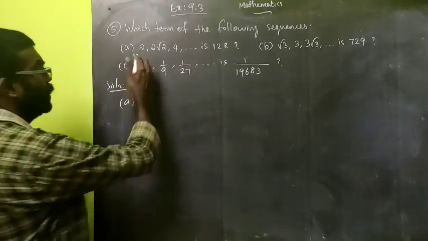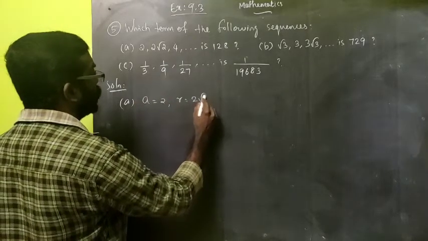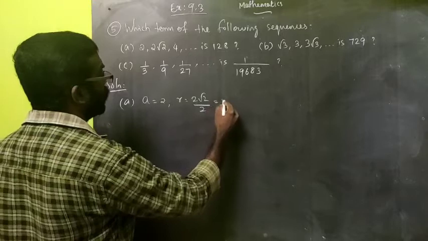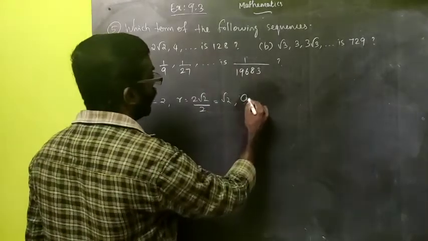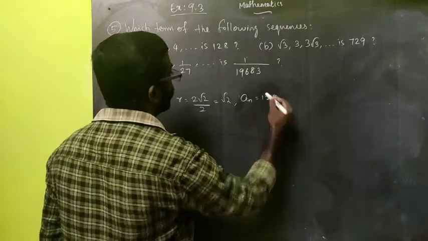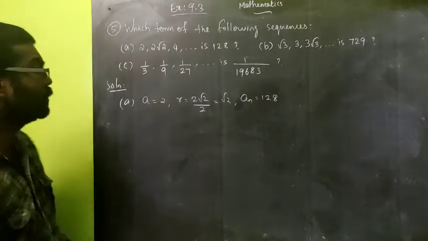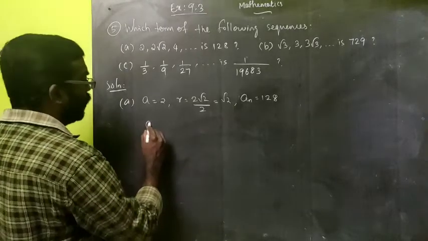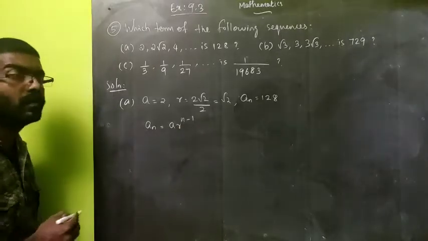Take the first one. Here a is equal to 2 and r is equal to 2 root 2 divided by 2, which gives root 2. And here the nth term is 128. We have to find the value of n. We have the formula a r raised to n minus 1.